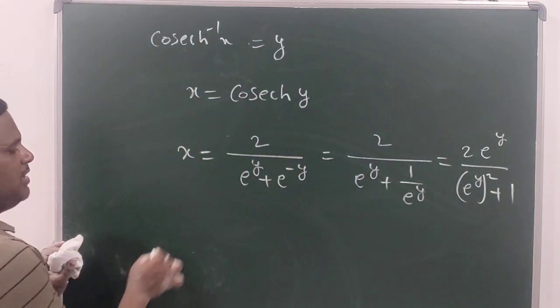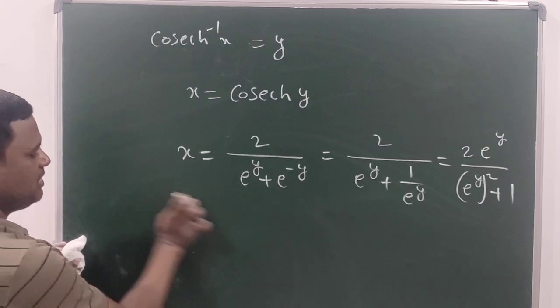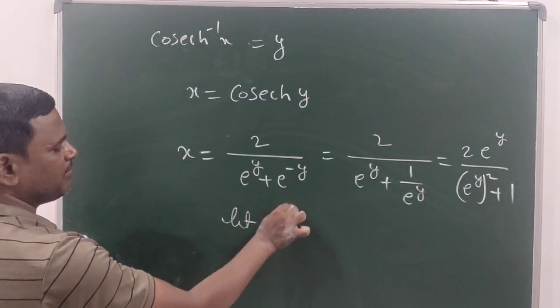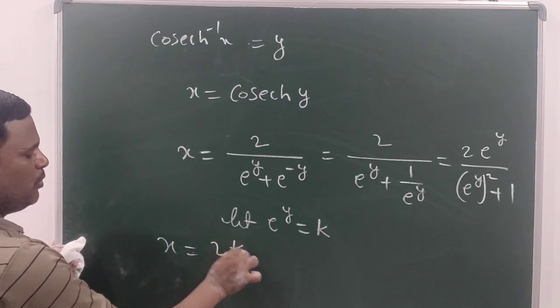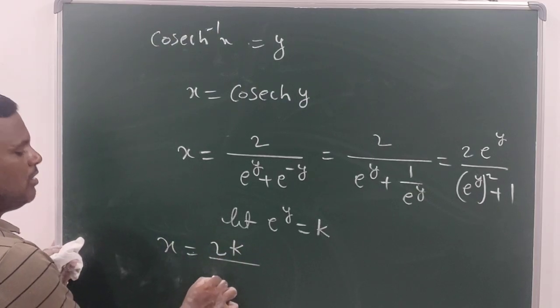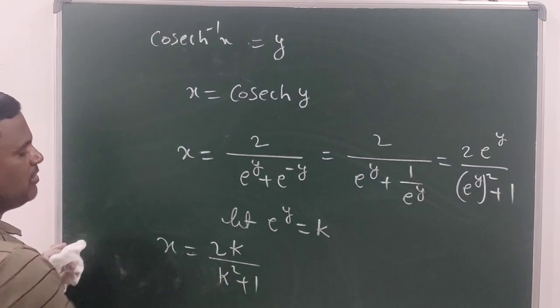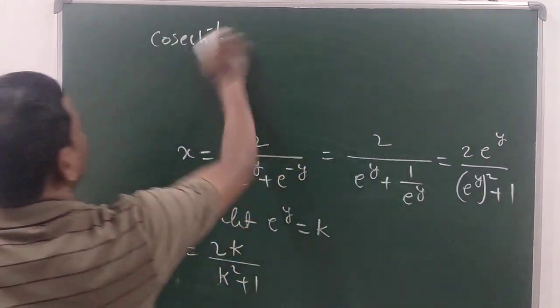Now cross multiply. Let e power y equal to some k. So what do you get? x equals 2k by k square plus 1. Now simplify.